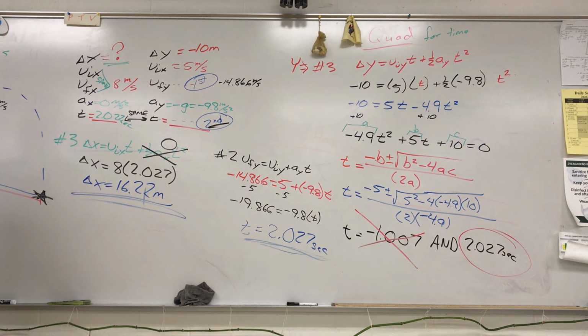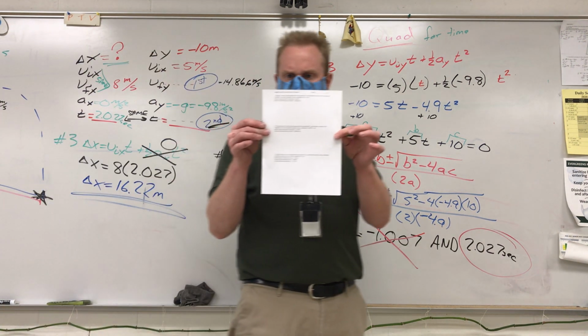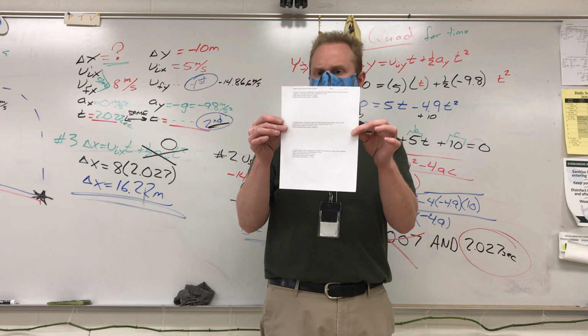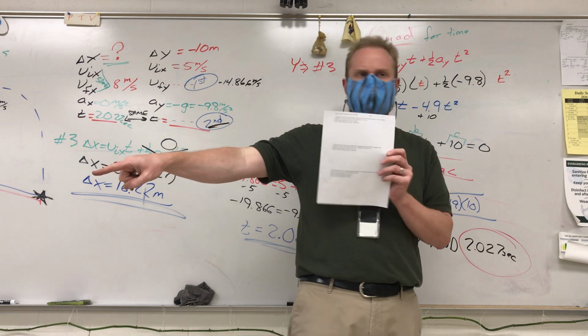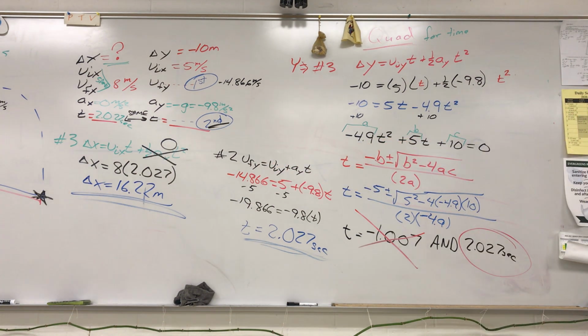Let's take a quick look at your homework sheet that you picked up on Friday or Thursday, depending if you're an A day or B day, called Angle Launch Projectile Motion Problems. It's on that front corner of the desk that you grabbed on the way out, or it's linked electronically in today's agenda.